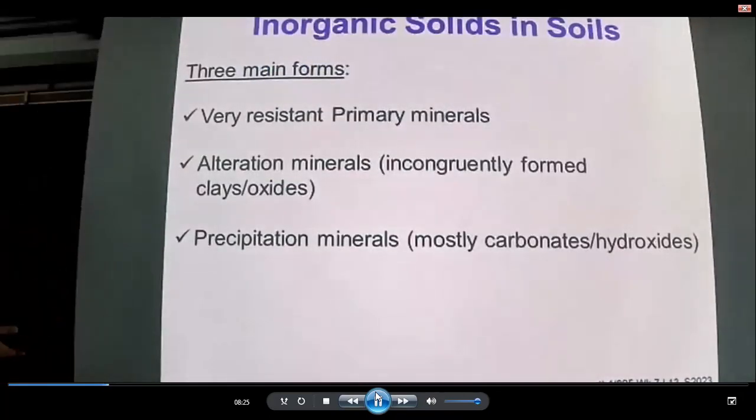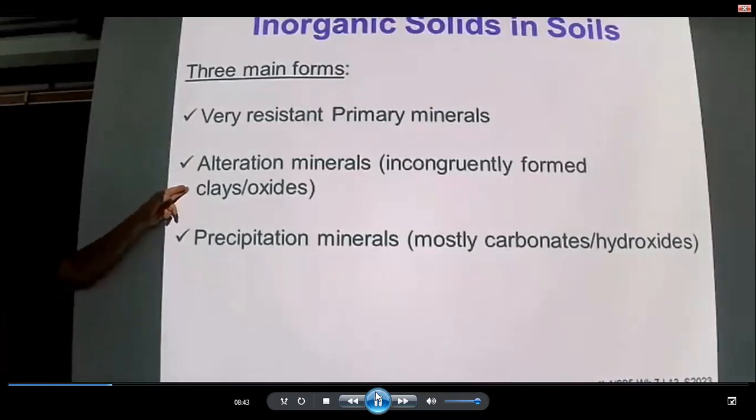Now, the inorganic solids have three primary forms: very resistant primary minerals that come out of the original rock. These are things like quartz and titanium minerals like rutile and sphene that just don't break down very quickly in the presence of water. Then we can have alteration minerals. And as we talked about earlier in the semester, these are incongruently formed by the dissolution of primary minerals, whereby we leach some chemicals out and we make new minerals in their place.